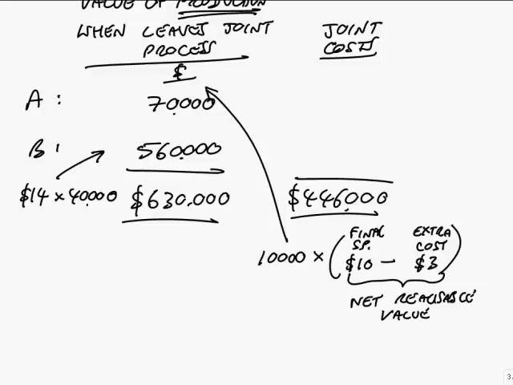So check my arithmetic, but on sales value, A was 70 out of 630, and so we'll give that proportion of the joint cost to A. B, the total was 560 out of 630. I hope you're all clear what I mean when I say the same proportion. So to A, 70 divided by 630 times 446.